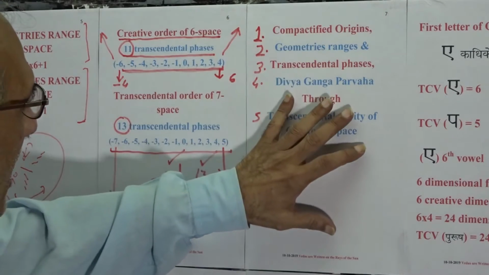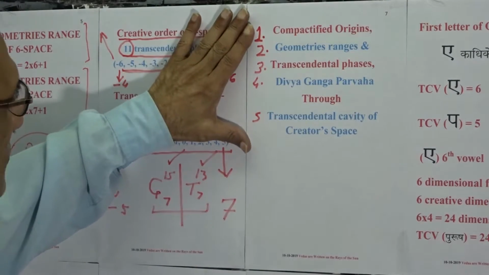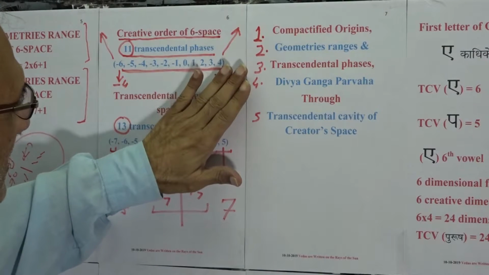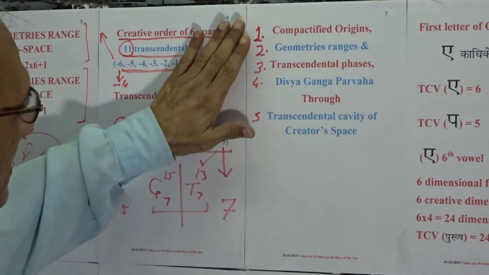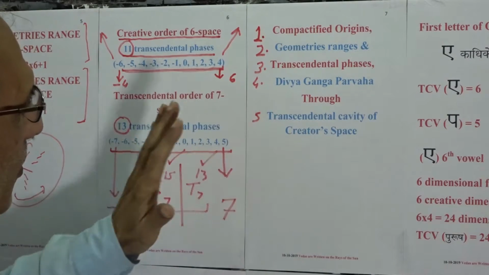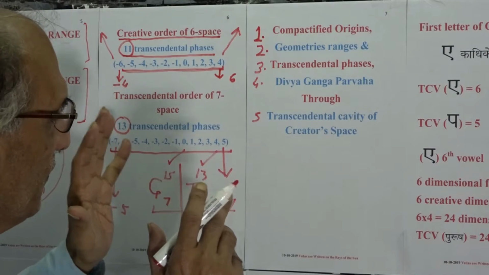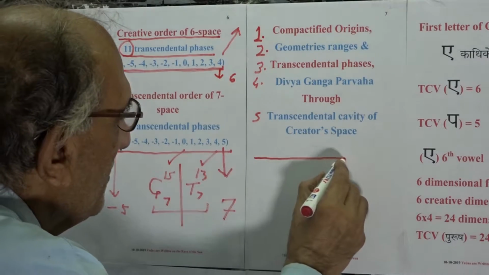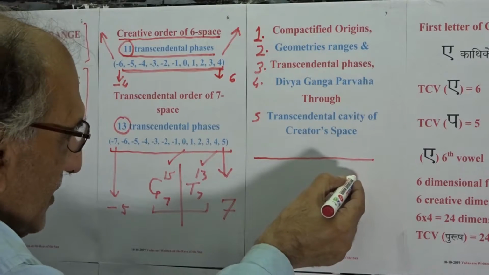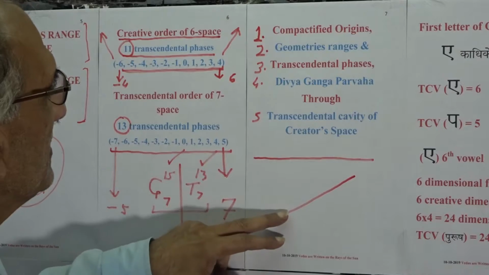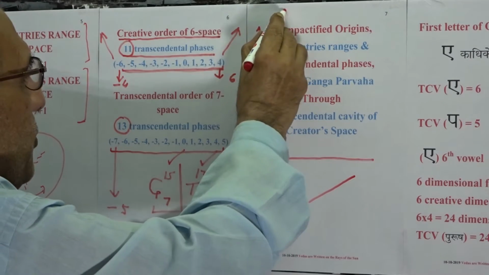If we are face to face with these 5 conceptual steps, we can be face to face with what is happening within the rays of the sun. So within the rays of the sun, this ray itself is compactifying the origins.